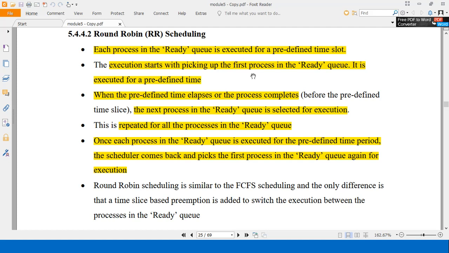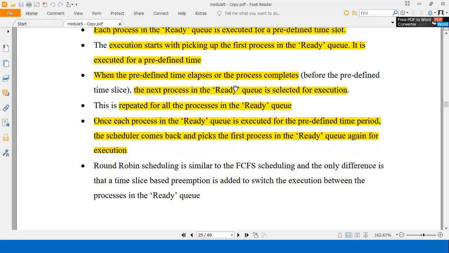You go and join the queue. The person standing in the front of the queue gets his chance first to get the ticket. Same case here: whichever is the first process in the queue will get its chance to use the CPU for the predefined time slot which is already decided.